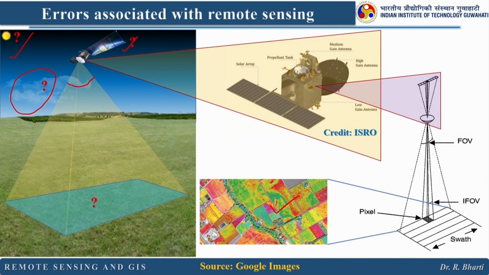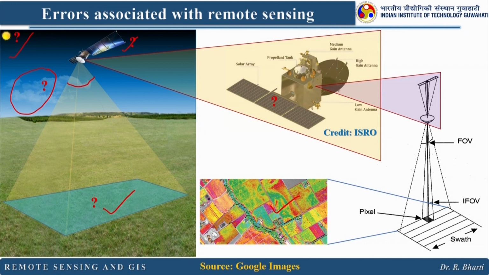Then what if the area is not homogeneous, or if the area is having more scattering, or if the area is undulating, then what will be the effect on the image, right.